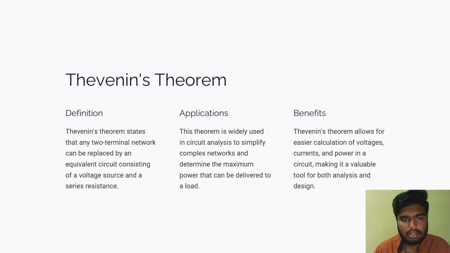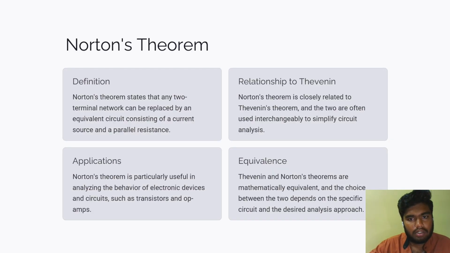The benefit of Thevenin's theorem is that it allows easier calculation of voltages, currents, and power in a circuit, making it a valuable tool for both analysis and design. So this is all about the definition, applications and benefits of Thevenin's theorem.